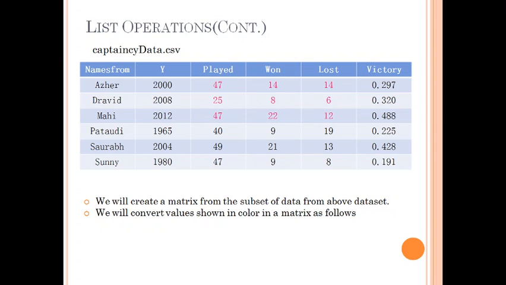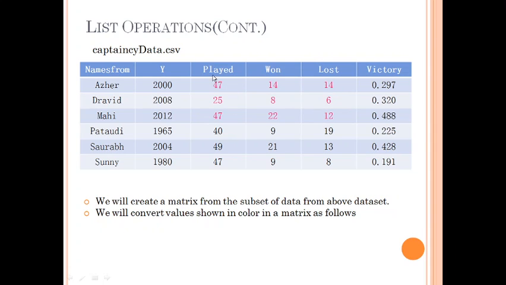So now from this captaincy data frame, we will be creating a subset. In yesterday's session, we have seen various ways of creating a subset based on a condition using a subset function, or by directly giving the range. Here, these values which are provided in red, we will take out as a subset of the captaincy data frame.